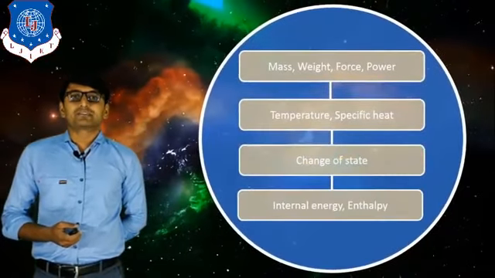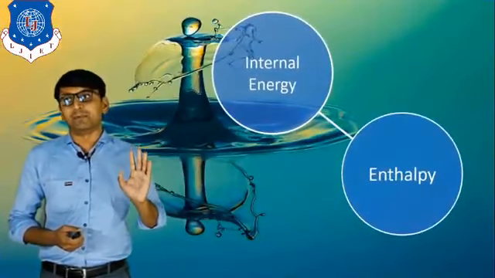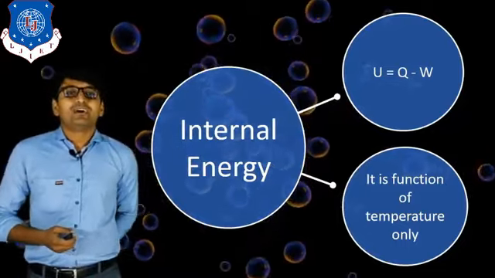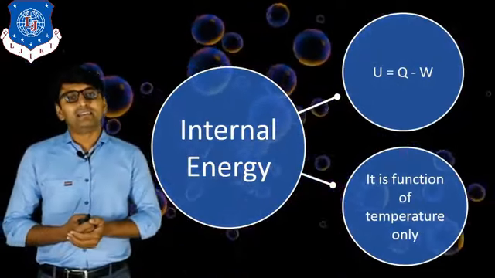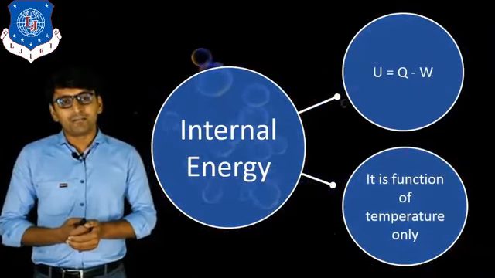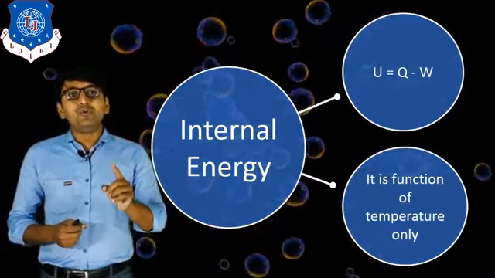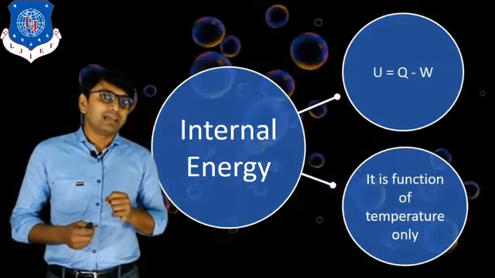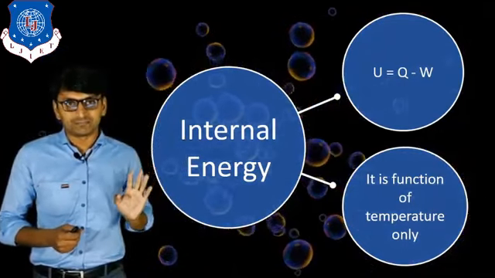Now next one is internal energy and enthalpy. First, internal energy. Before discussing internal energy, let us take one example. There is a system, Q is heat energy supplied to the system, and W is work produced by the system.